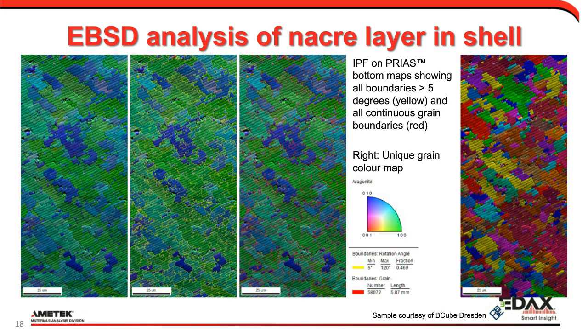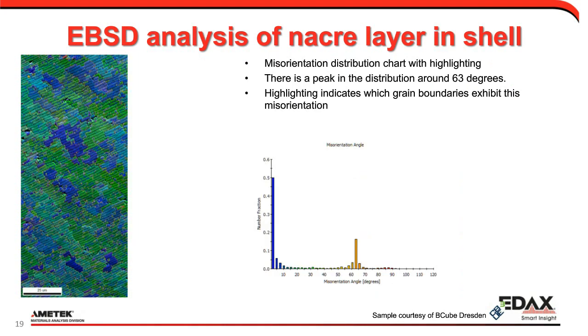For example, in the middle here towards the left, there's this large yellow grain. That's considered a single large unique grain. And when you look at it in the inverse pole figure map, you can see that they all have the same orientation, as would be expected. So those grains are larger than you might otherwise think just by looking at the structure.